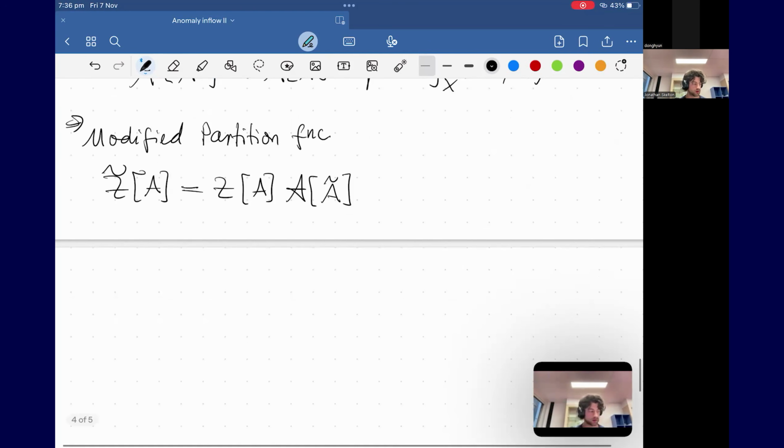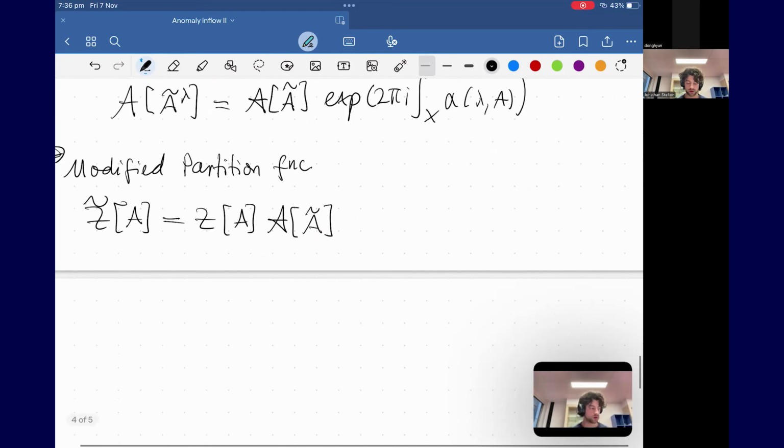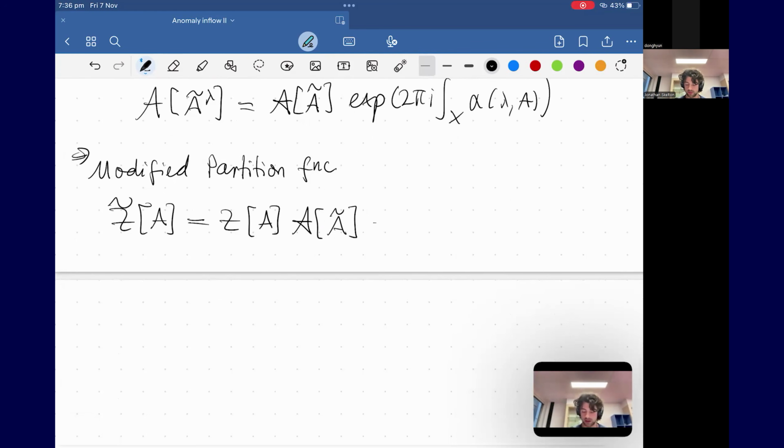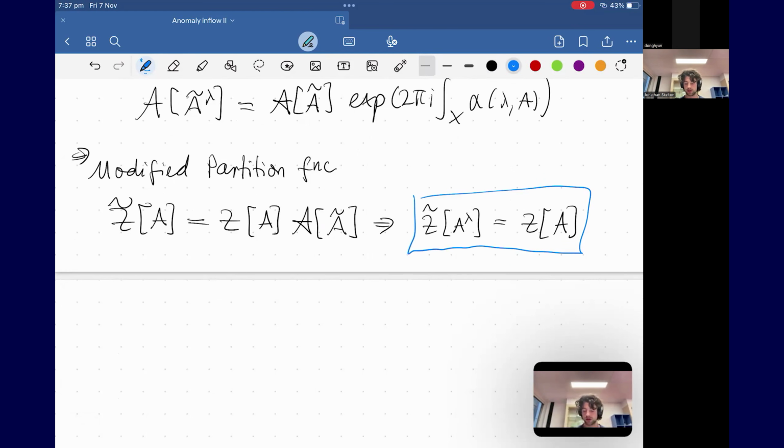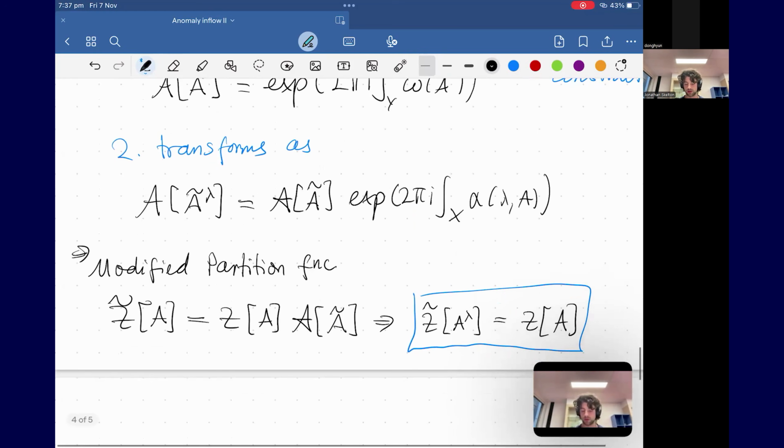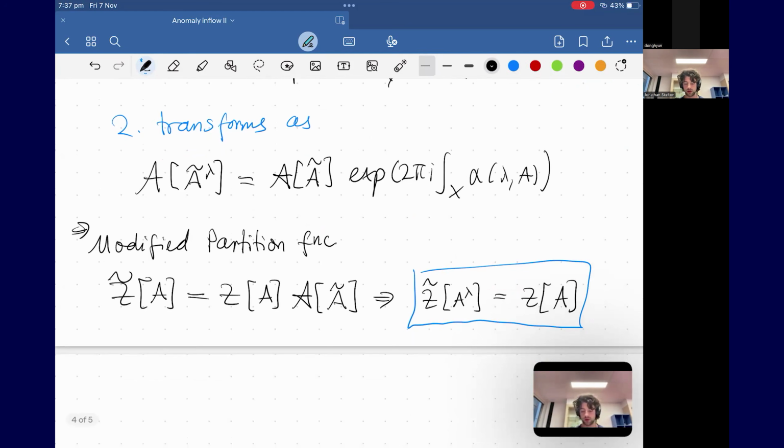And the wonderful thing, of course, is that this means that under these transformations, it's going to be invariant. It's not going to pick up any anomaly terms. They're all going to cancel out, which is going to be really nice. So then it means our combined bulk plus boundary system will be anomaly free.